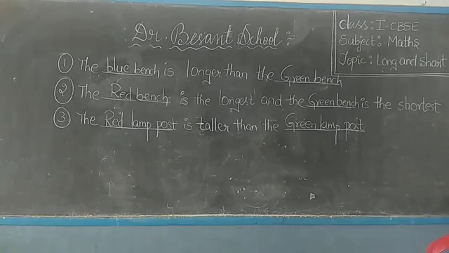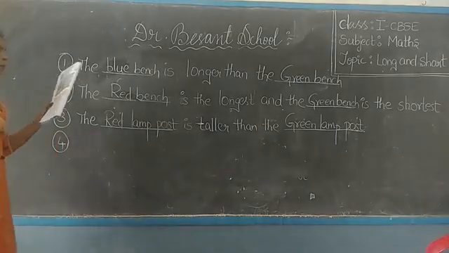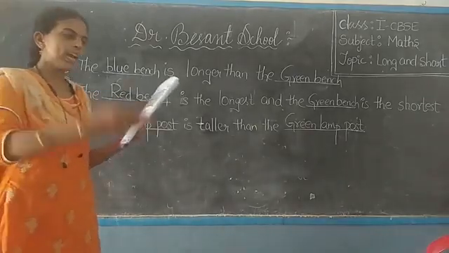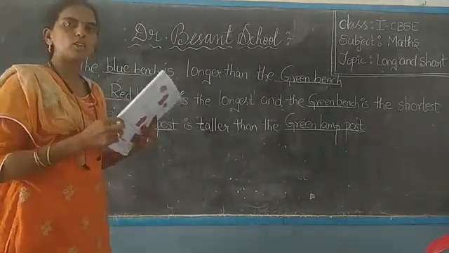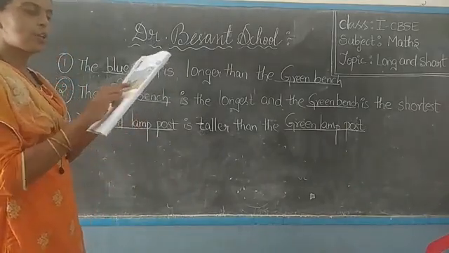Okay. So in the last one I am going to explain the last blank given for you. What is that blank? The dash is the tallest. So which one is the tallest, children? Which color lamp post? Yes, blue color lamp post is the tallest when compared with the other two.